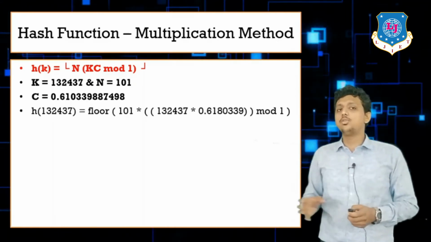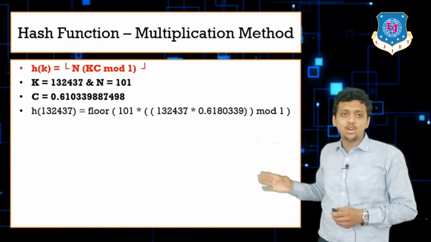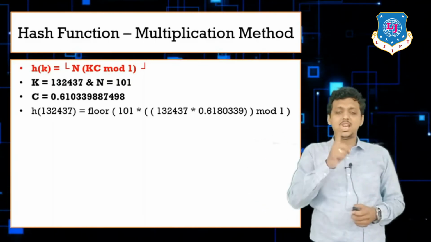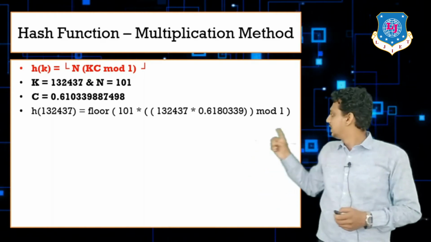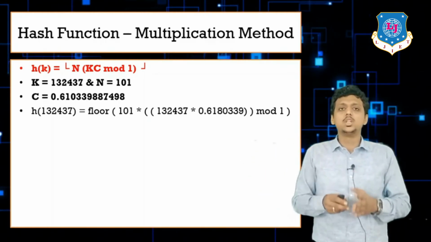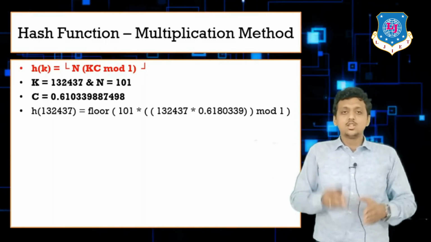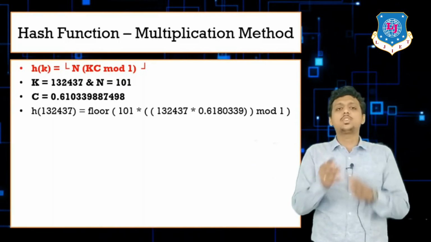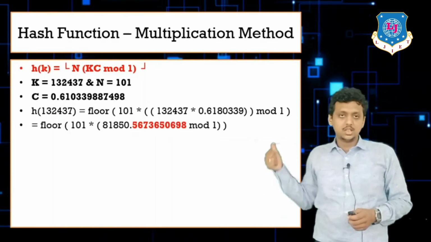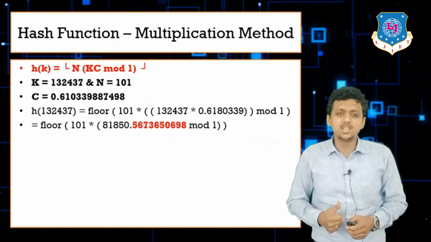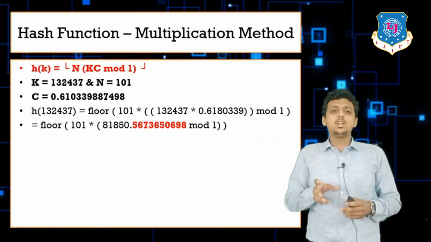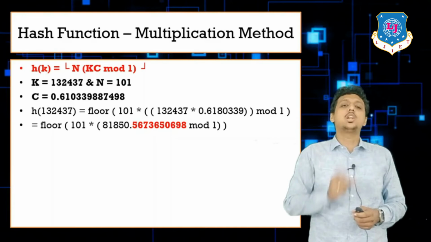So h of 132437 is equal to floor of 101 into kc mod 1, that means 132437 into c mod 1. Whatever answer you get after multiplying k and c, here it is 81850.5673650. The part after the decimal point is the fractional part.